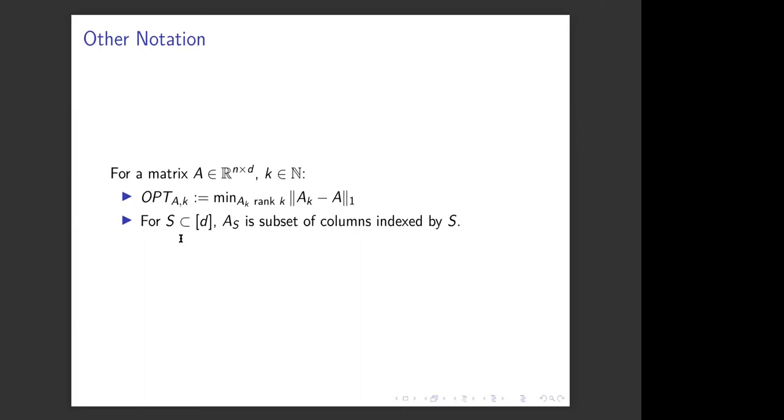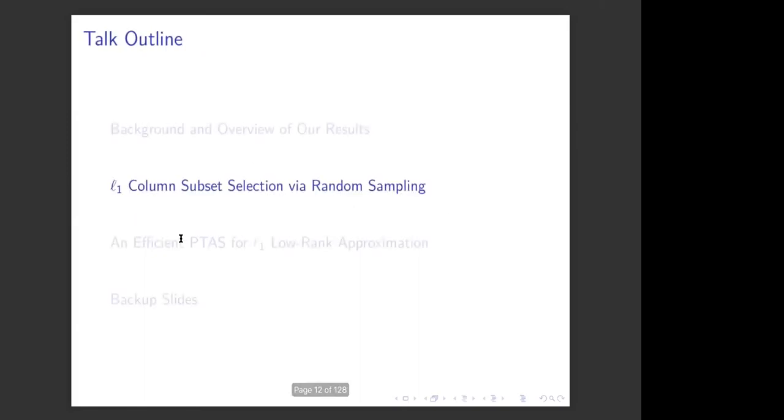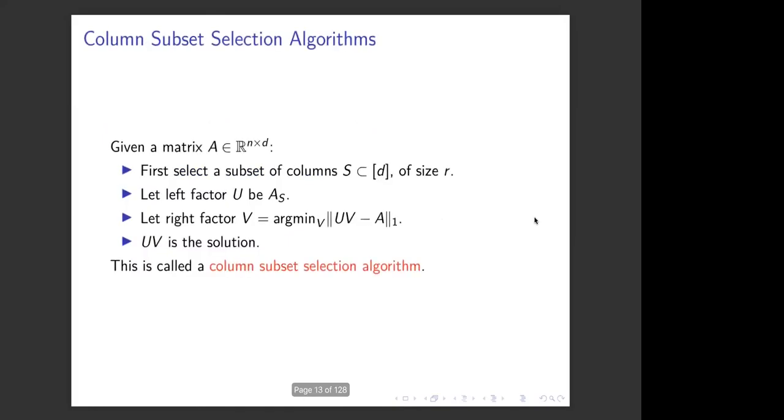So now we'll get to the algorithms, and feel free to stop me if you have any questions. We'll be studying a class of algorithms known as column subset selection algorithms. Those algorithms are as follows.